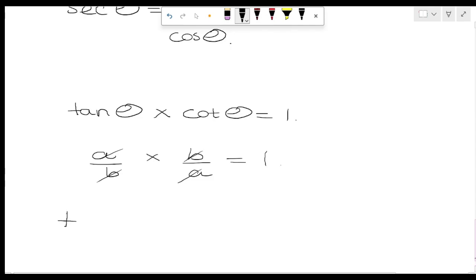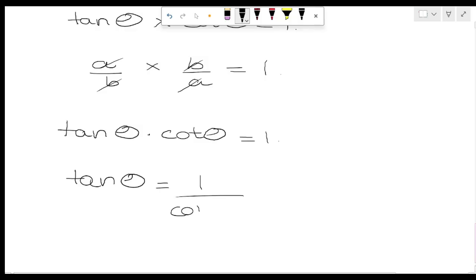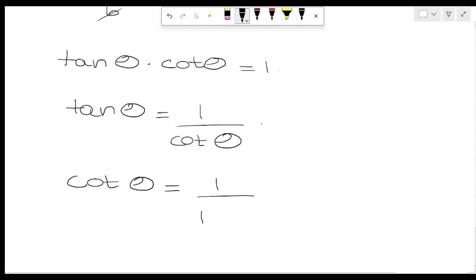So we can write tan theta dot cot theta is equal to 1, or we can also write tan theta is equal to 1 over cot theta, as it got divided on both sides, and we can also write cot theta is equal to 1 over tan theta.